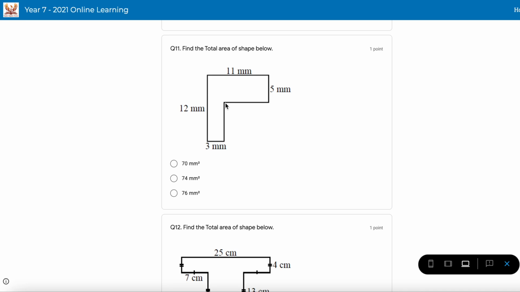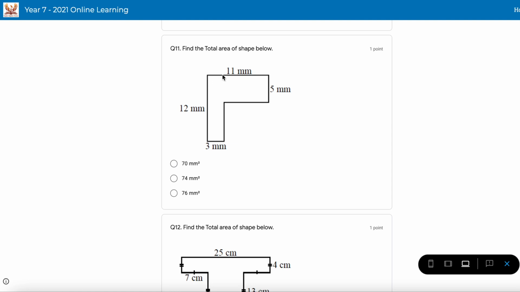And the way we can do that is, well, if I know this total length is 11 millimeters, and I just want from here to here, I want it to stop here, well then all I need to do is just subtract this extra little bit here, and then I'll end up with my length of the rectangle. So I just need to subtract this little length here from 11 millimeters.